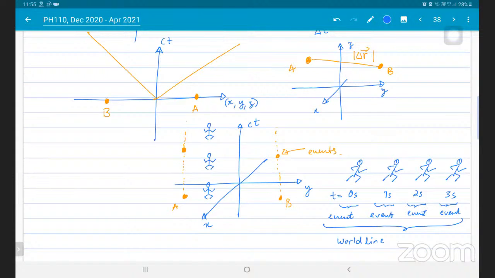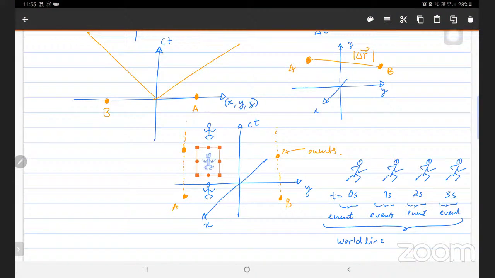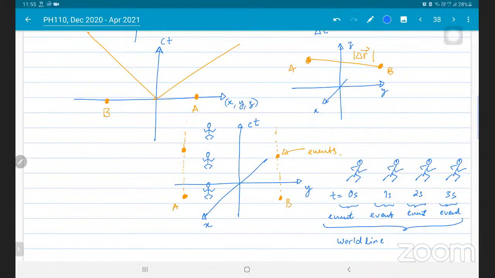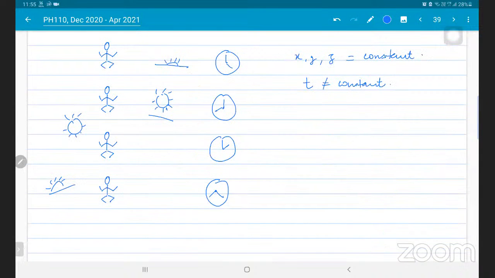This is how you specify the motion of this observer. And each of these points is an event. Each of these times is an event.